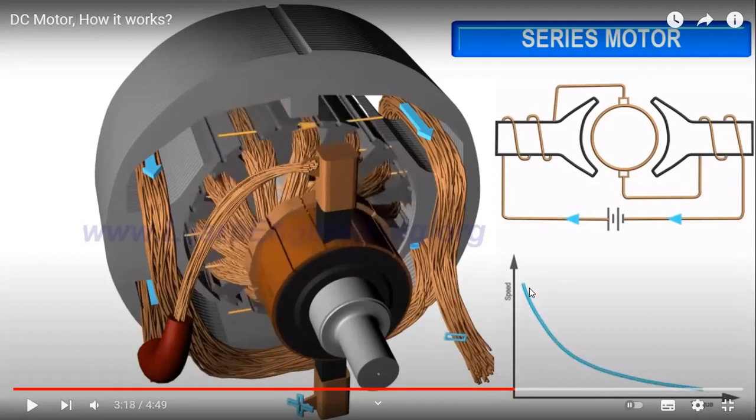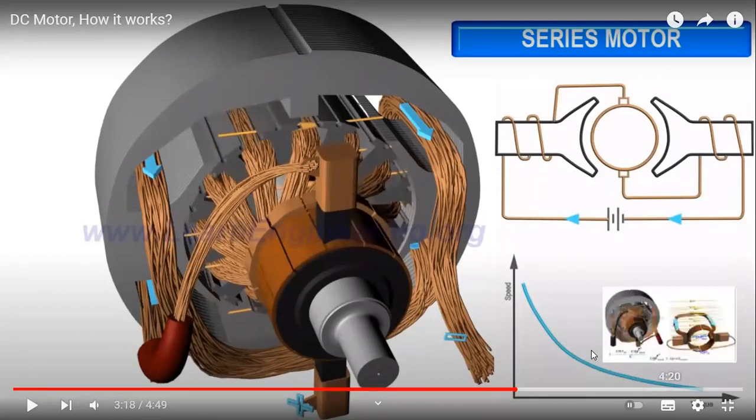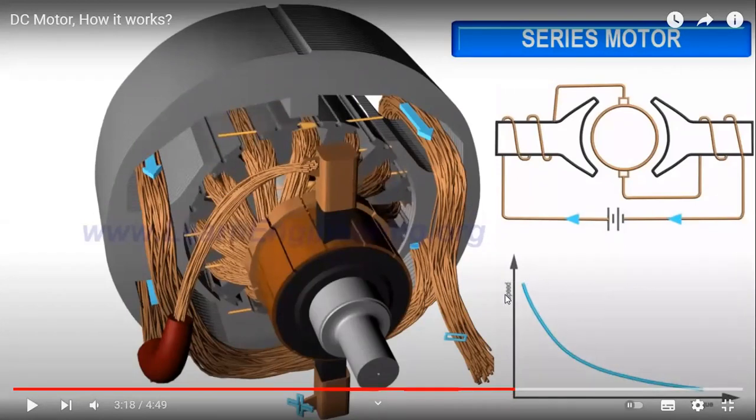But its main deficit, or negative part, is that when it is rotating, the speed drops drastically. You can clearly see that at the time of starting the torque is very high, but as time goes on and the motor is running, the speed drops very drastically.